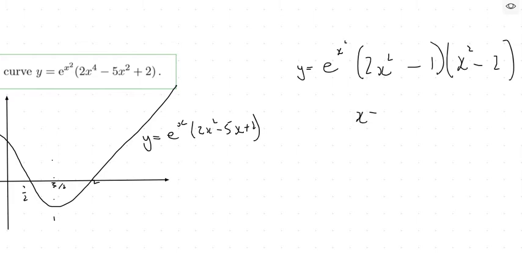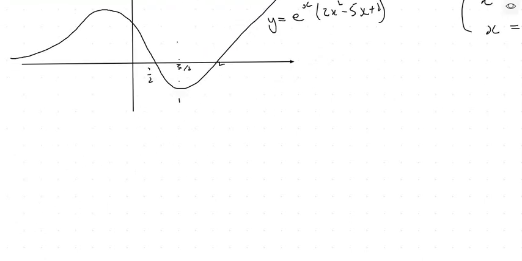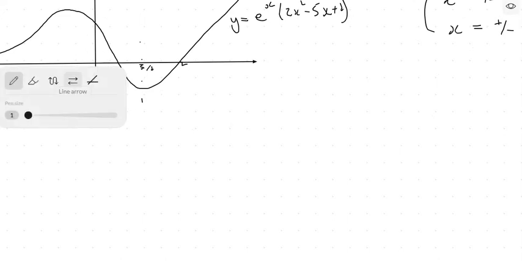So we have x is equal to plus or minus root 2, which is that one, and we have x is equal to plus or minus 1 over root 2, which is that one.